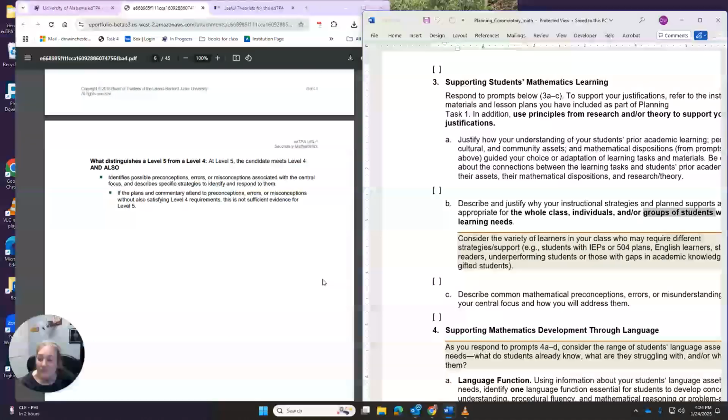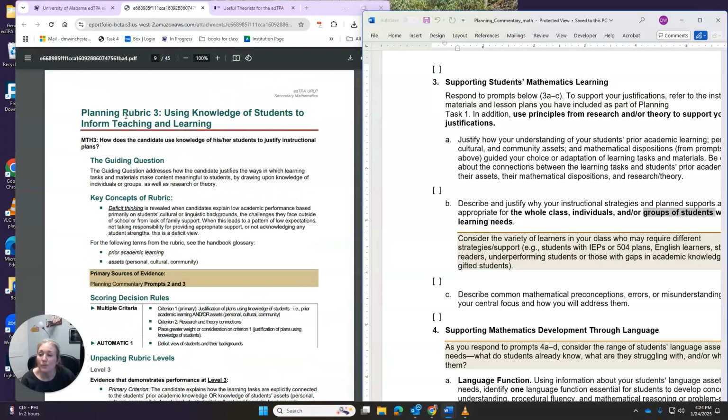So then when I'm going down and I'm looking at rubric 3, knowledge of students, this is where 3A is going to be kind of your meat and potatoes for rubric 3. That doesn't mean that prompt 2 isn't important, but prompt 2 is more of the background knowledge, and then prompt 3 is here's what I actually did. Here's where the examples are from the lesson plans.